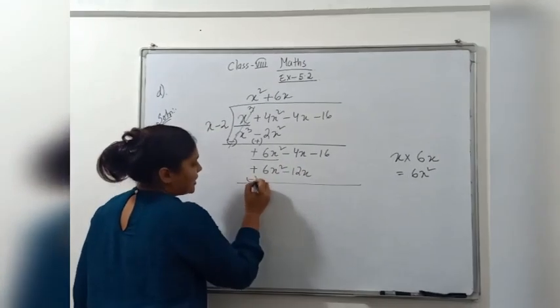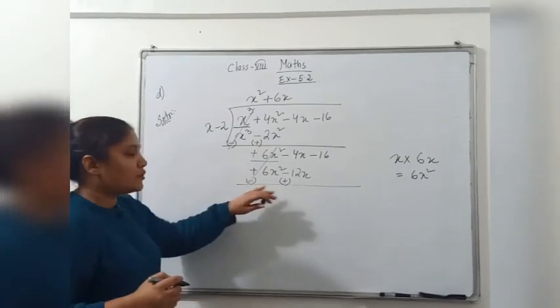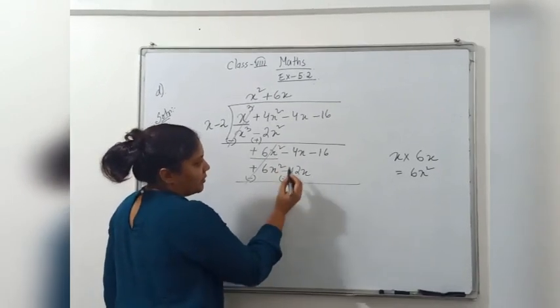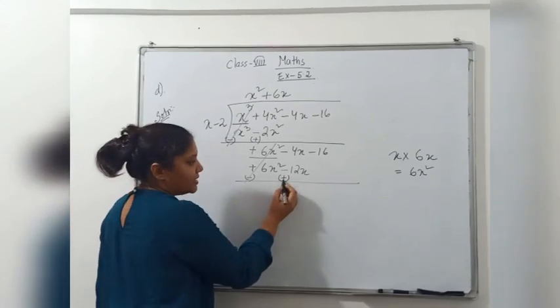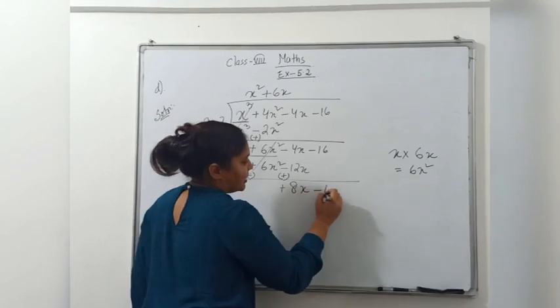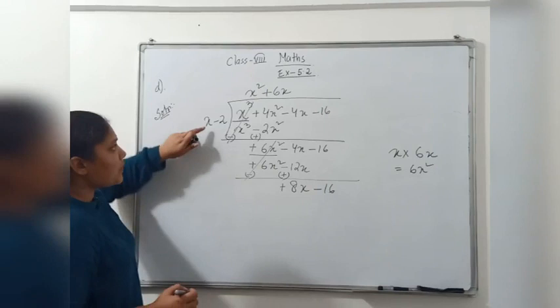Now again we'll change the sign as we are subtracting it. While subtraction we have to change the sign. Now minus into plus, minus. Bigger has plus sign. So we are going to put plus sign because 12's sign is plus. Bigger sign. 12 minus 4, 8x. Minus 16. Okay students?